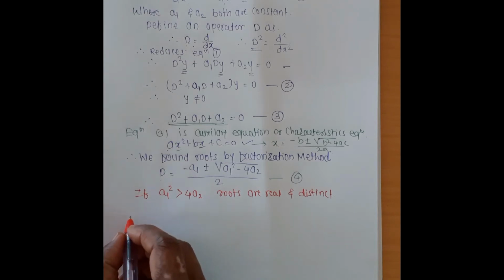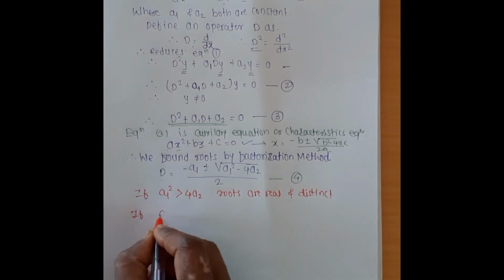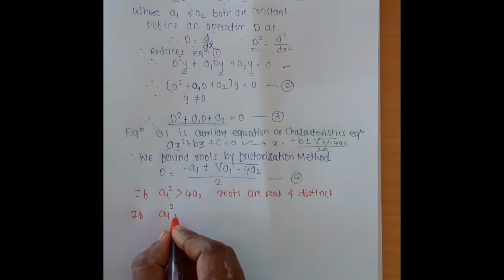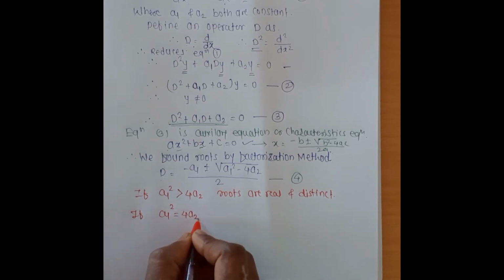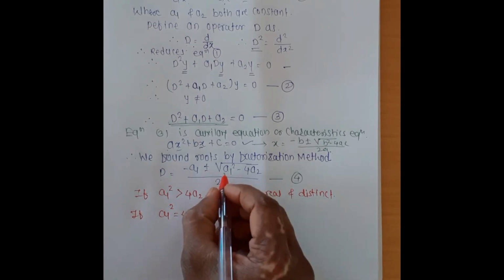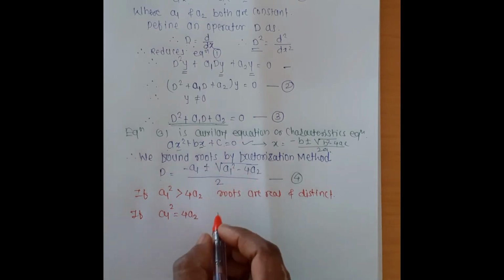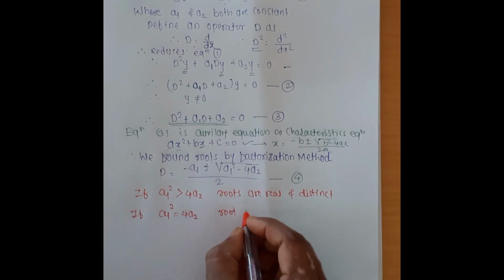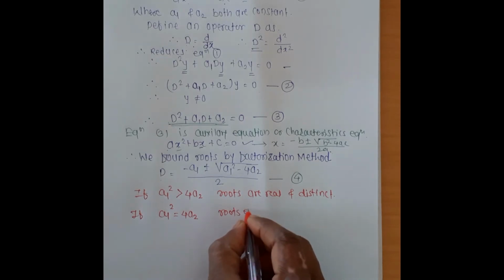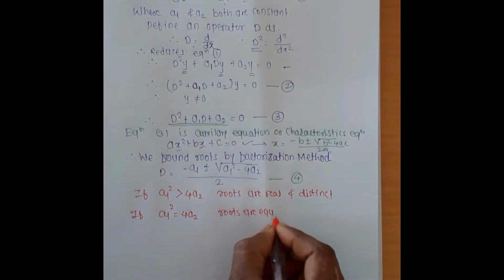The second condition is: if a1 square is equals to 4a2, then the roots are equal. Suppose here we put 4a2, then 4a2 and 4a2 cancel out, so the roots are equal.